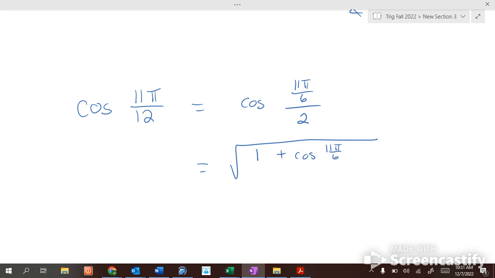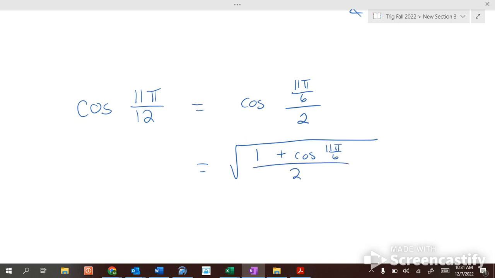The cosine of 11 pi over 12 is the same as the cosine of 11 pi over 6 all over 2. So it's equal to the square root of 1 plus the cosine of 11 pi over 6 over 2.